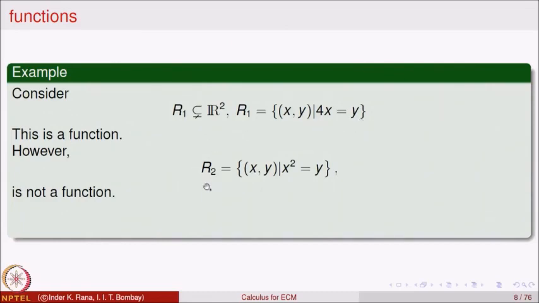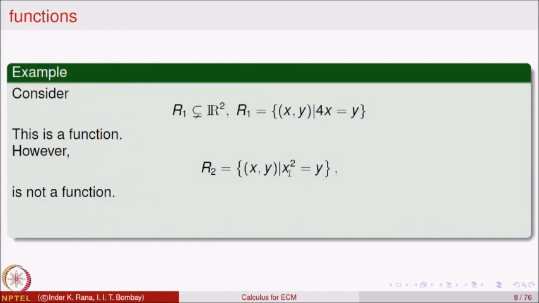Let us look at the following. Another relation (x, y) says that x square is equal to y. So, is this a function? To check whether it is a function or not, each element x must be related to a unique element in y.